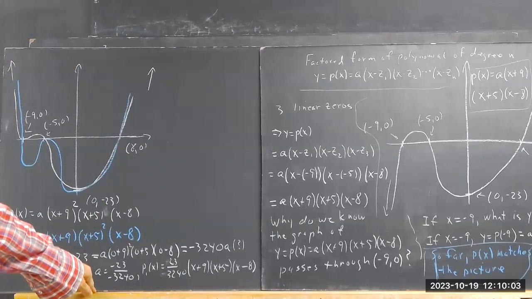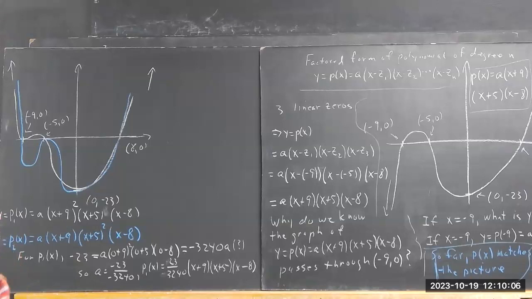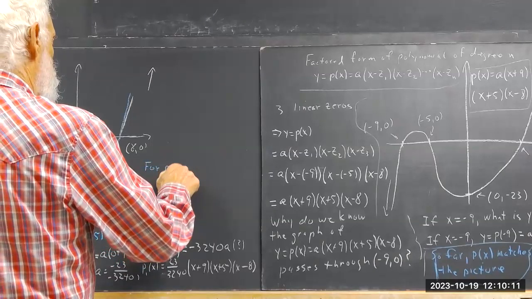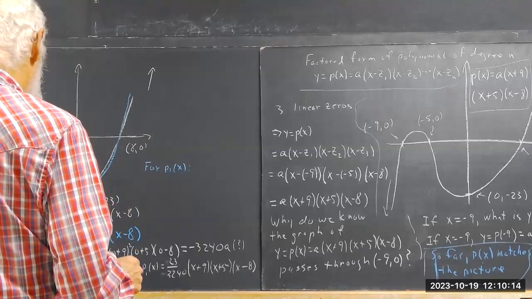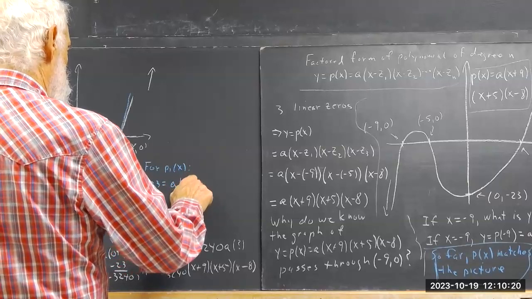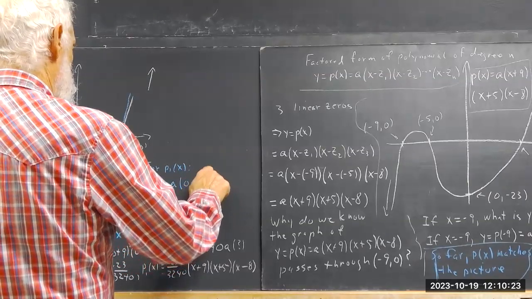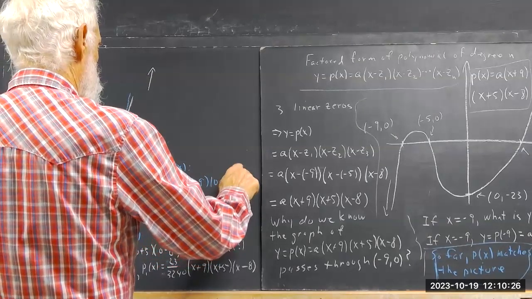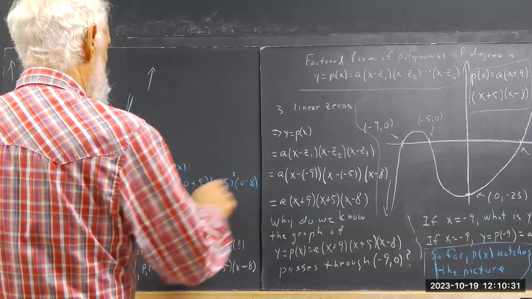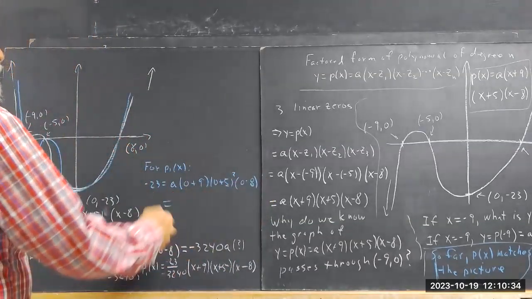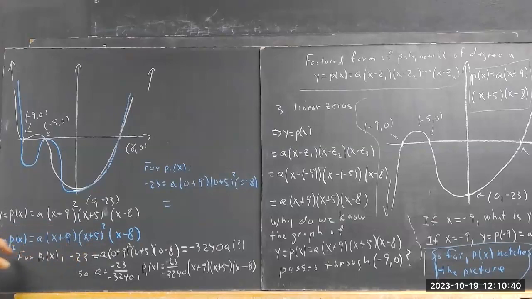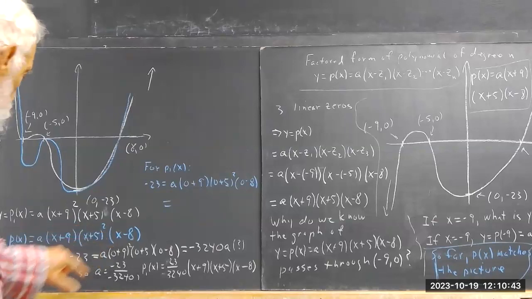Okay. And then for P2 of x, we could plug in 0 for x, -23 for y. We have y equals a times this, so we use y equals and plug in 0 for x, plug in the value of y.